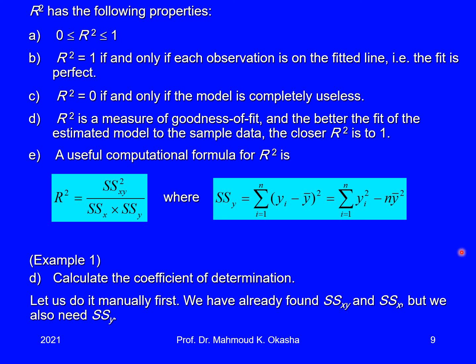We showed earlier, using Excel, the value of r squared, but now we will do it manually. So we have already found SSxy and SSx, but we also need to calculate SSy.